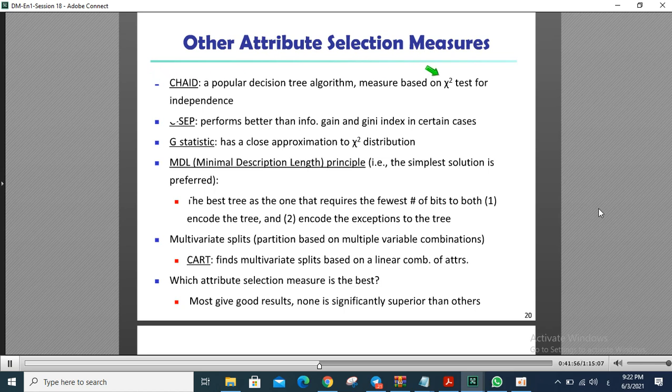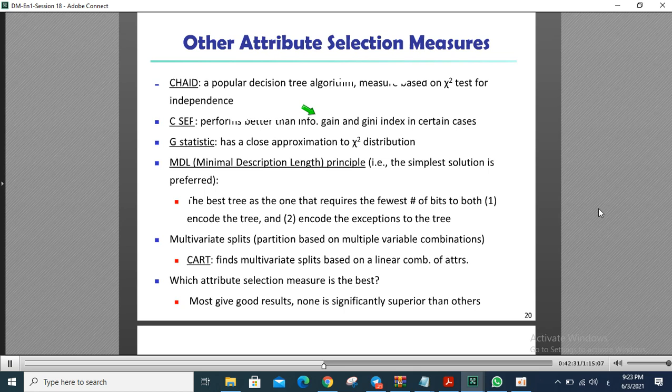We have other decision trees with different measures. For example, in decision tree SHADE, which is one of the most famous decision trees, especially in management and financial cases, SHADE is using chi-square or chi2 tests.